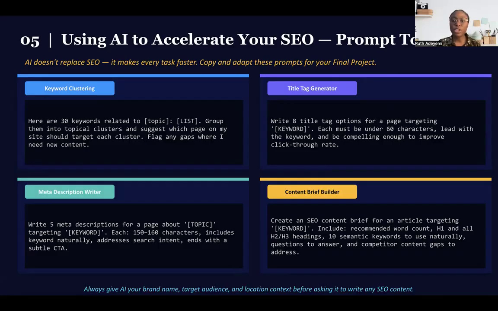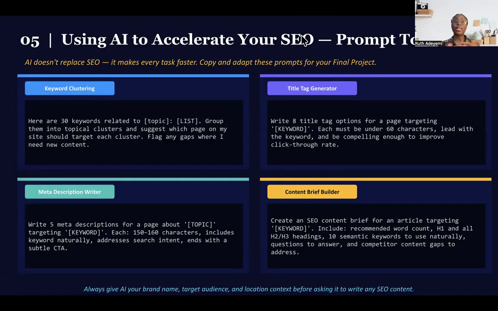You could use AI to write your meta description, though typically your meta description should come from your blog post, so you should not need AI to write that for you. But in case you do, right? And then you could use it to build a content brief. These are things that you could do, but it should never be that you're using AI to write the full content. You should still be the one writing, reviewing, editing. That is your job. AI is here to assist you, but not to take the place of your brain and your creativity.